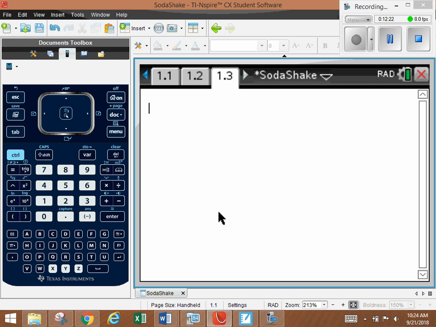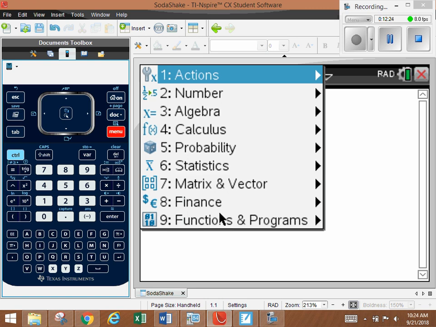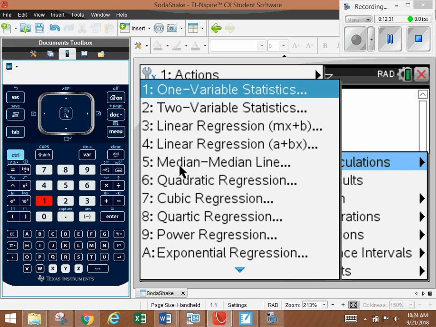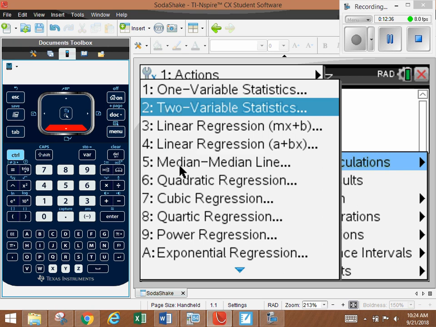Now we're going to go menu, statistics. We're still doing stat calculations, okay? So we're still hitting 1 for stat calculations, but now we got that 2 variable statistics, right? This is bivariate data, meaning 2 variables, which means it varies according to an explanatory variable and it varies according to a response variable. It is not Bavarian.